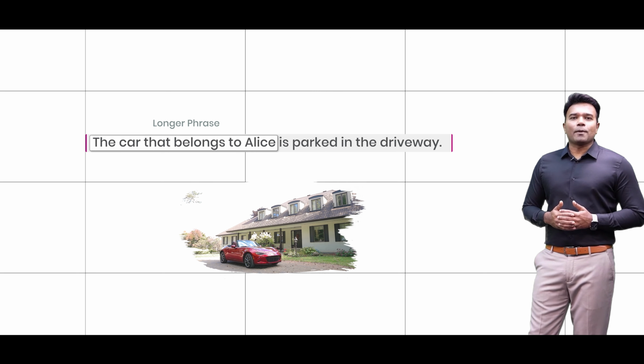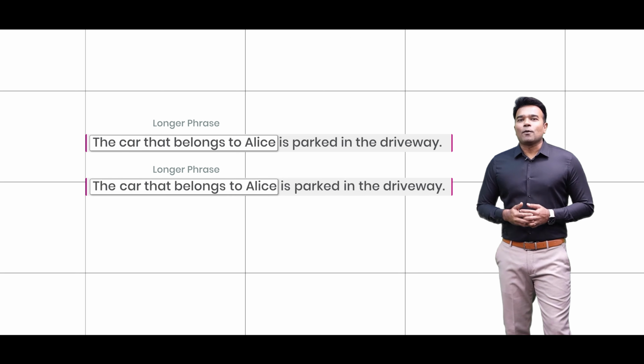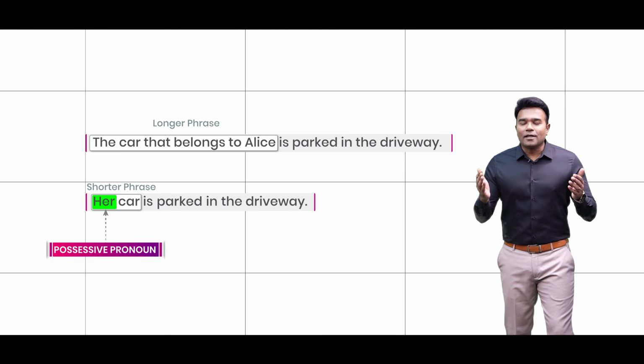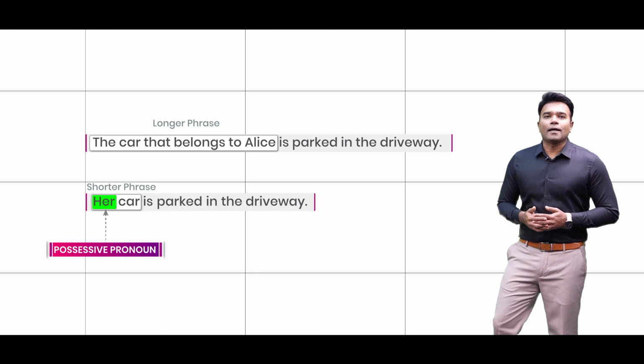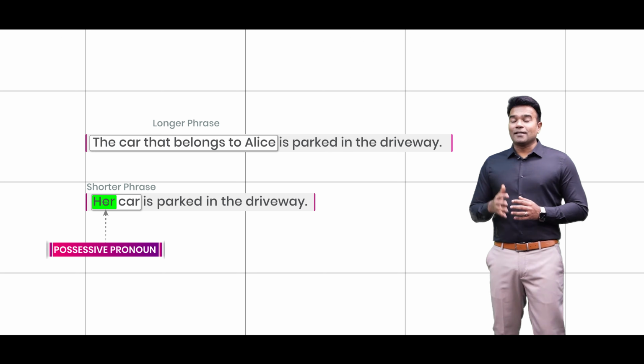And if you ask me what possessive pronoun needs to be used, I would recommend using the possessive pronoun her. And now you can notice the sentence, her car is parked in the driveway, definitely is a more concise sentence.